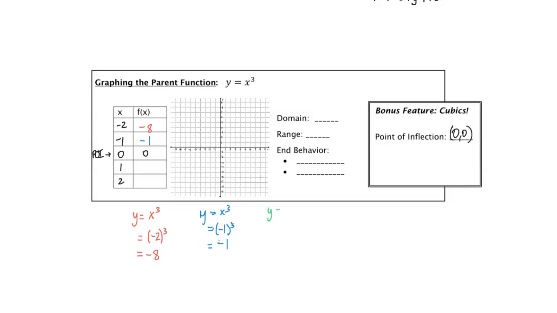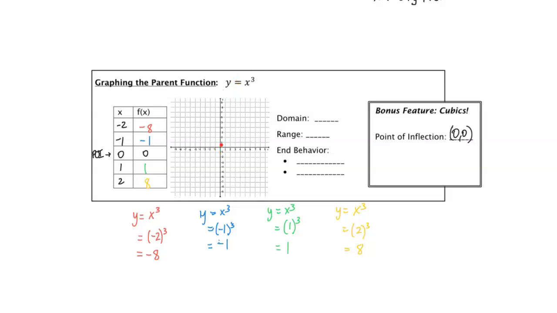The next one, y equals x cubed once again, we are plugging in 1 cubed, and 1 cubed is 1. And then lastly, y equals x cubed, we are plugging in our 2, and 2 cubed gives us 8. So we have our outputs for each of our inputs for this particular function.